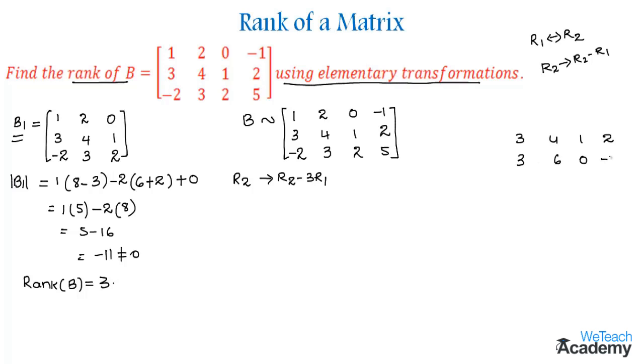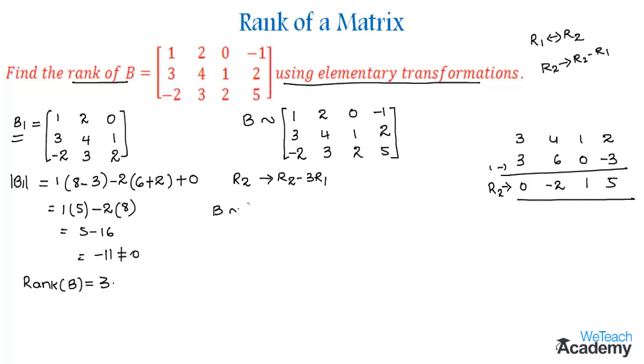Then the next element is 0, and at last we get minus 3. And here, as the operation is minus, we need to subtract both the elements. So 3 minus 3 will be 0, whereas 4 minus 6 is minus 2, and then we get the element as 1, and at last we get 5.